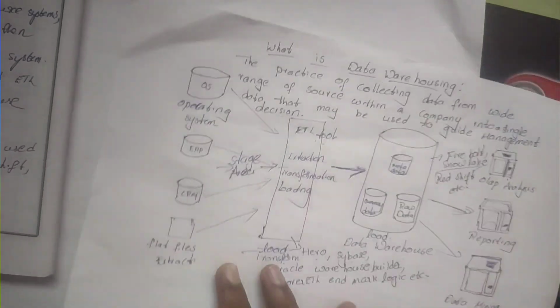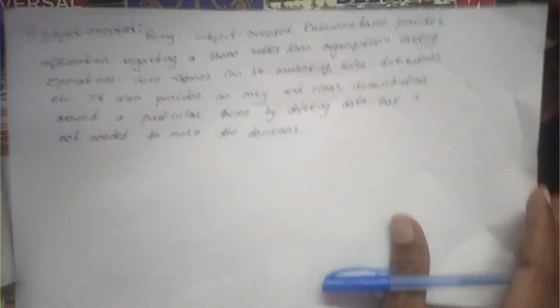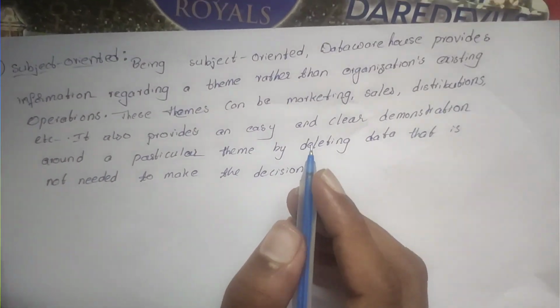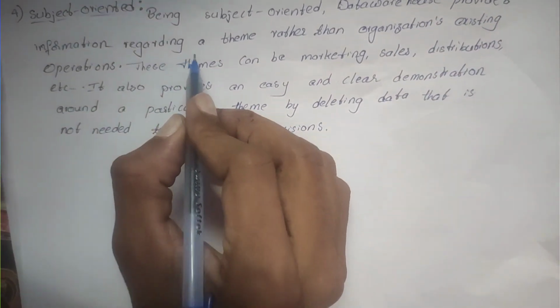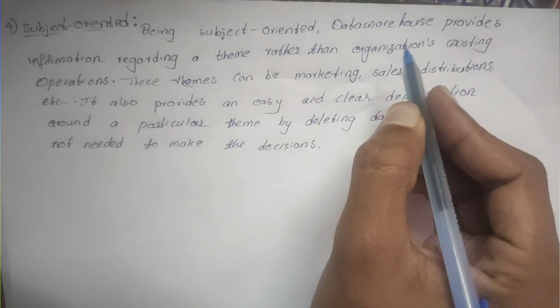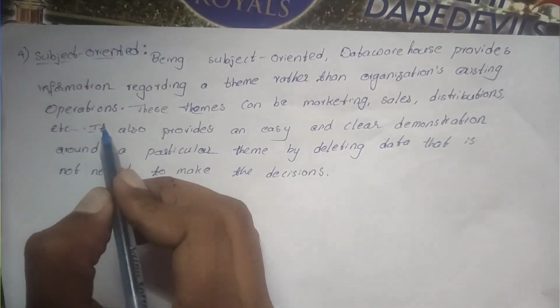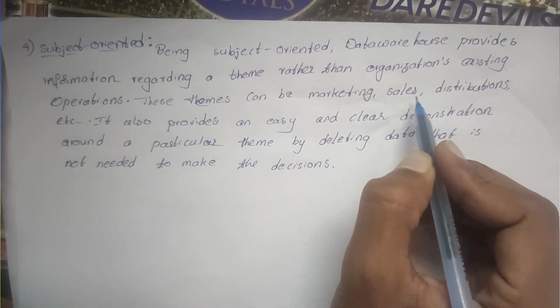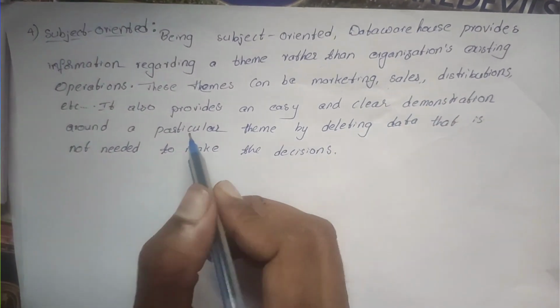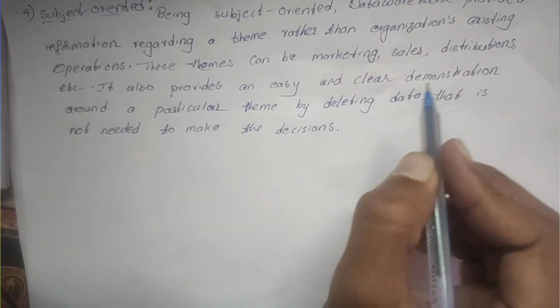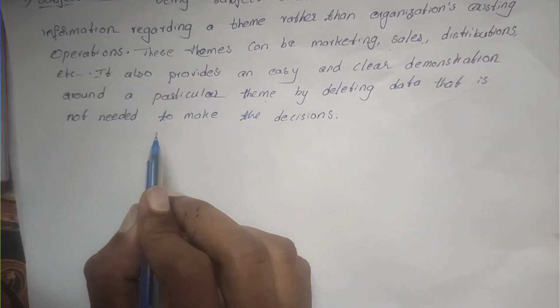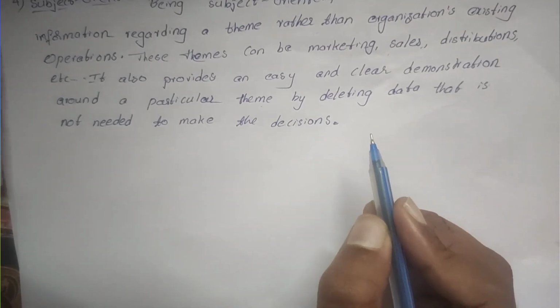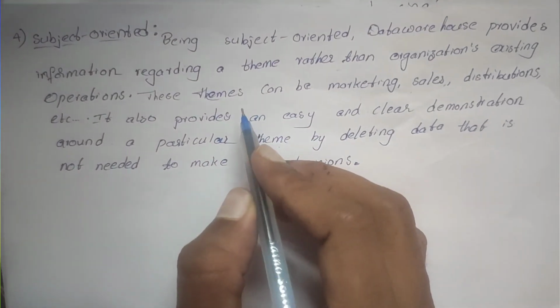And then last, subject oriented. Being subject oriented, the data warehouse provides the information regarding a theme rather than organizing existing operations. These themes can be marketing, sales, distributions, etc. It also provides an easy and clear demonstration around a particular theme by deleting data that is not needed to make decisions.